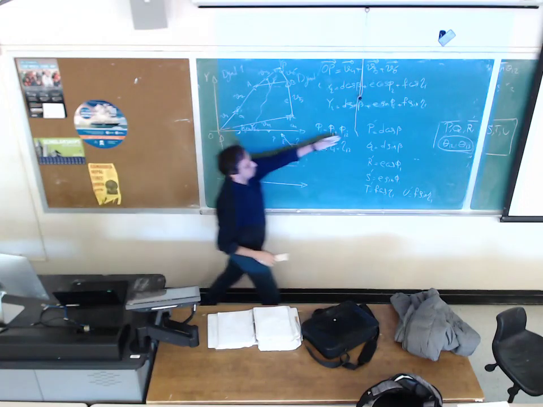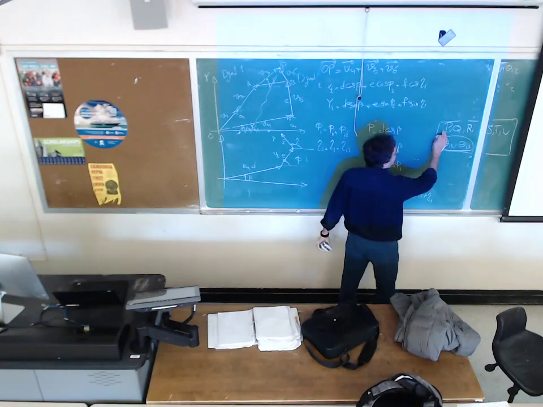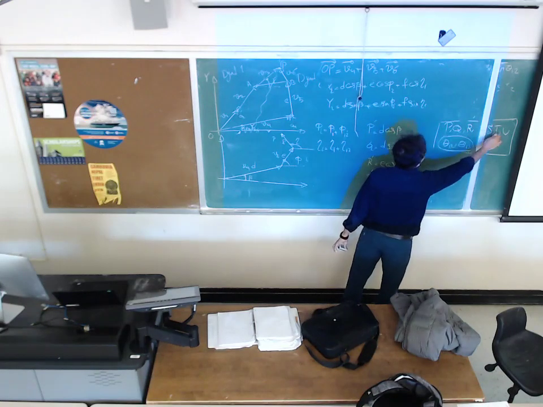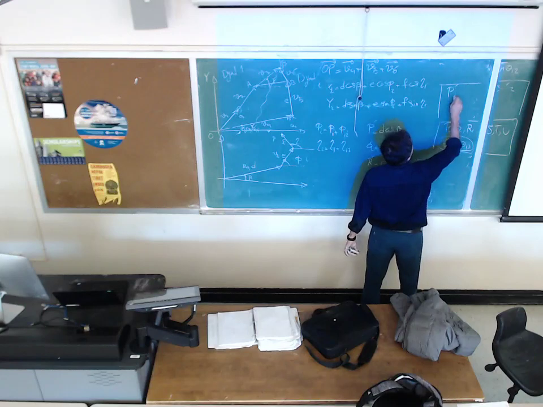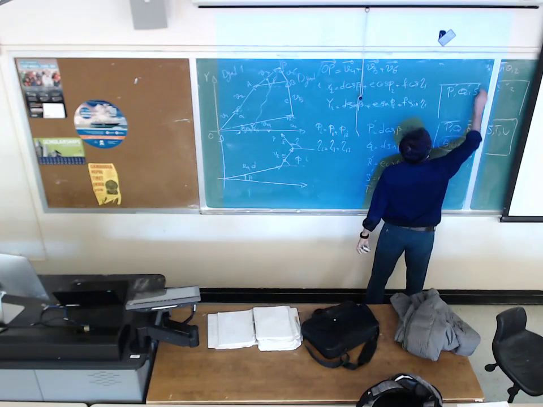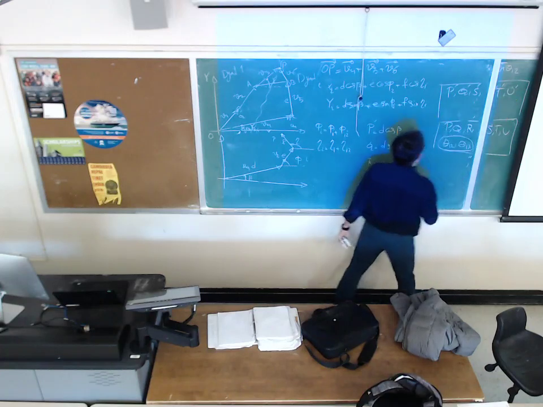Intermediate variables to simplify this. The unknowns on the left hand side were P, Q, R, S, T, U. Here it's going to be P prime, Q prime, R prime, S prime, T prime, U prime.